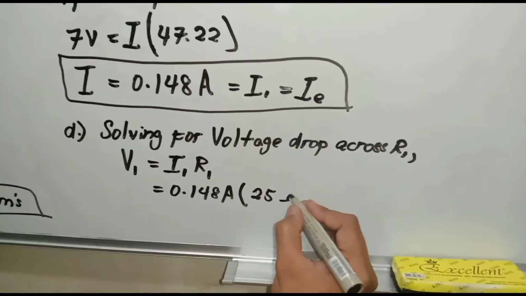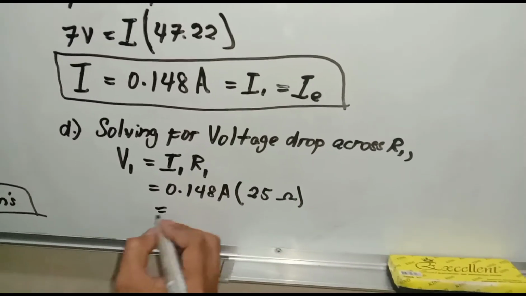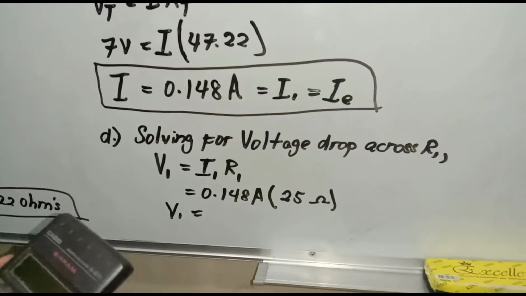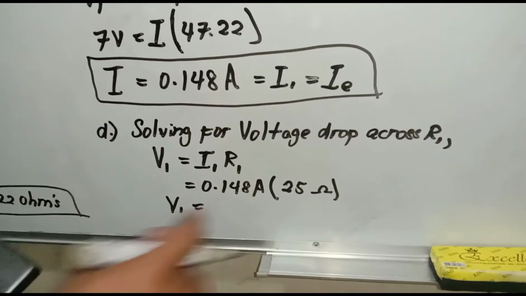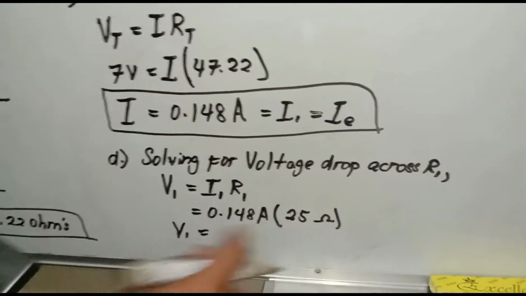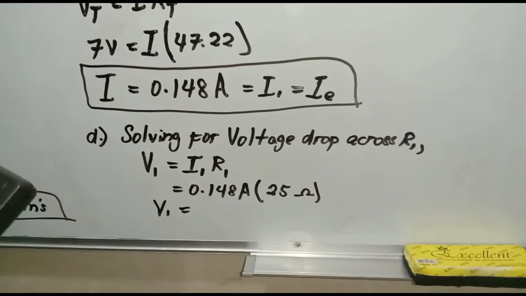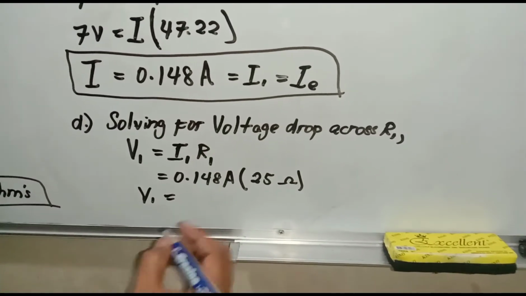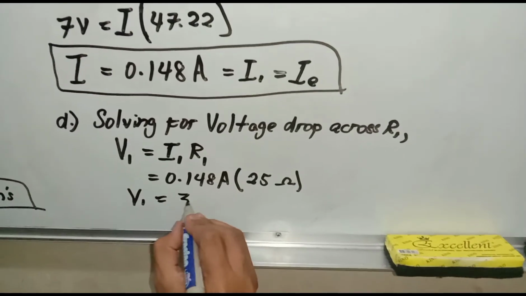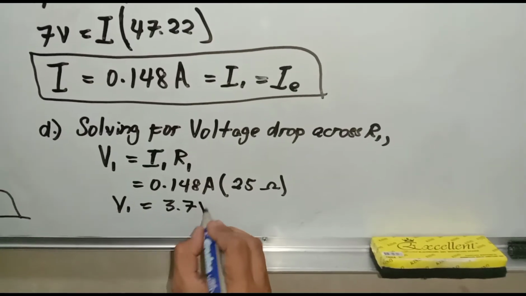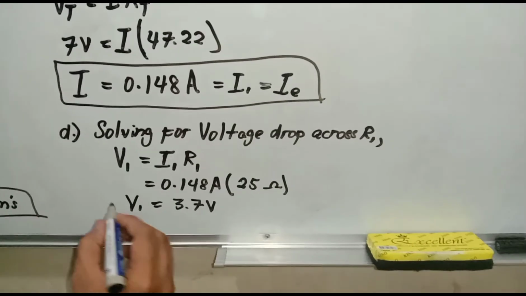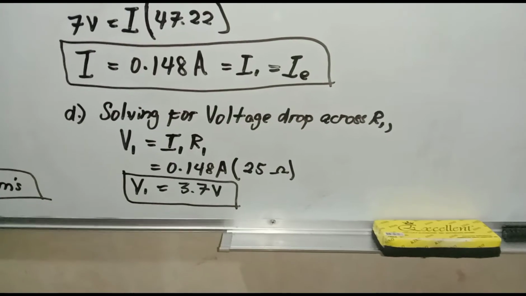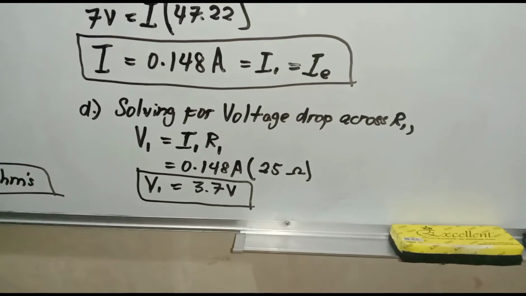Let me calculate, guys: 0.148 ampere times 25 ohms is equal to 3.7 volts. So this is the voltage drop across resistance R1, V1.